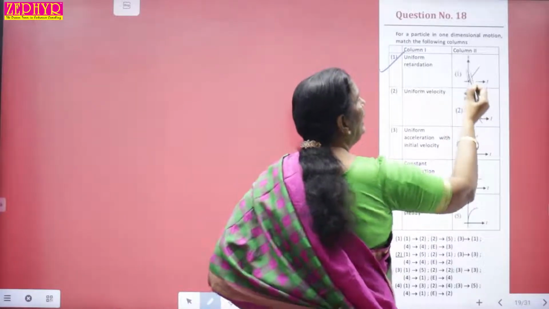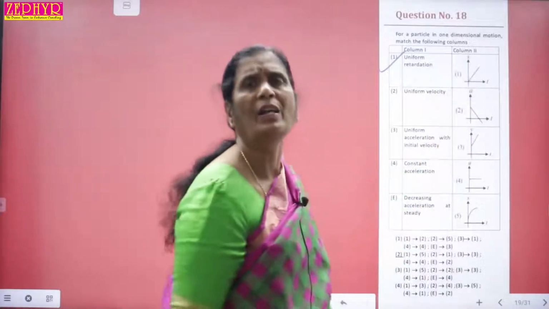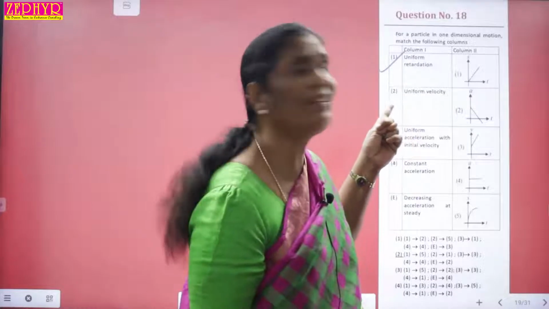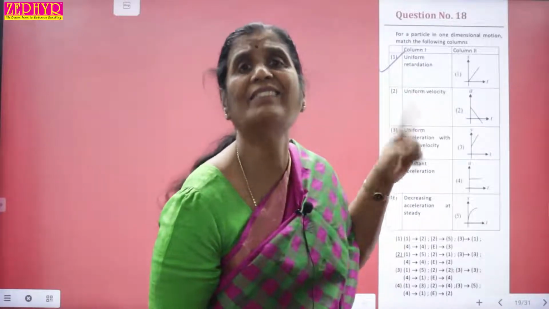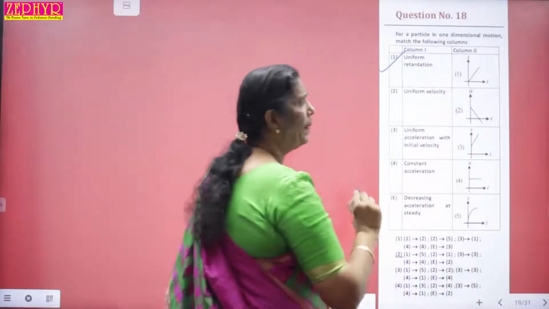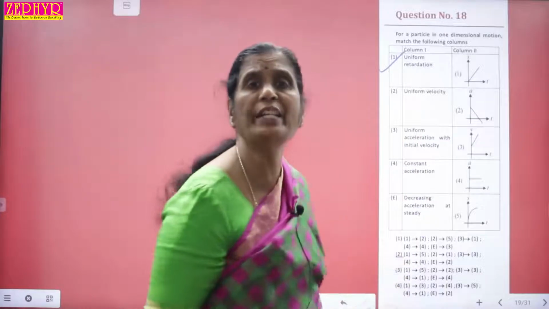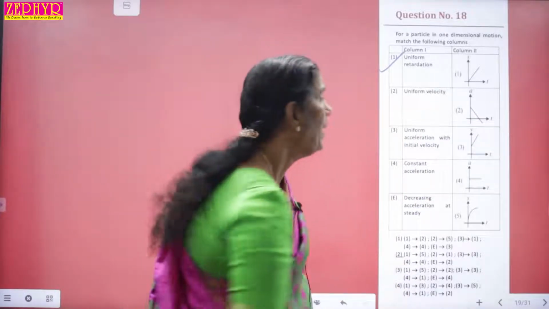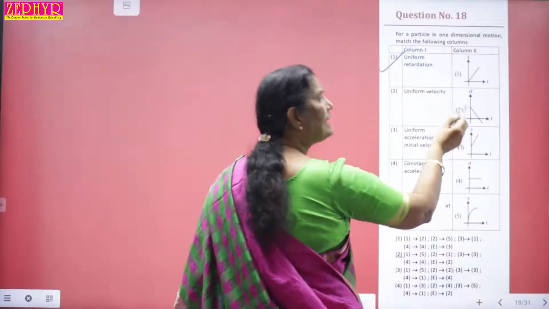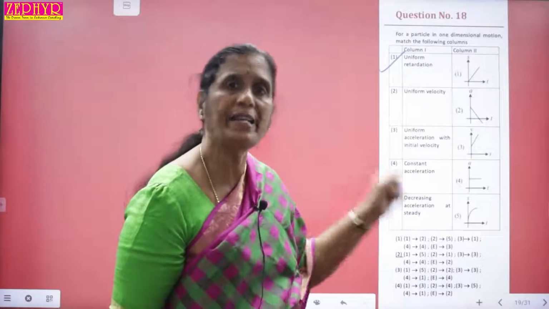Here, what type of graph is it? It is a distance-time graph and it is a straight line. Slope is constant, so velocity is constant and acceleration is 0. But we want negative acceleration, so I cannot go for 1. For uniform retardation, it should be constant, but in this graph acceleration is positive and decreasing, so it cannot be retardation and it is not constant.